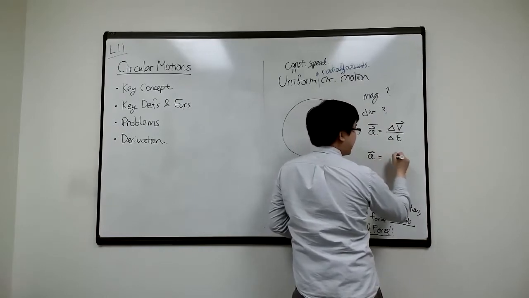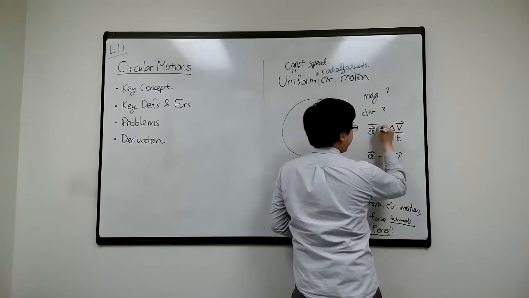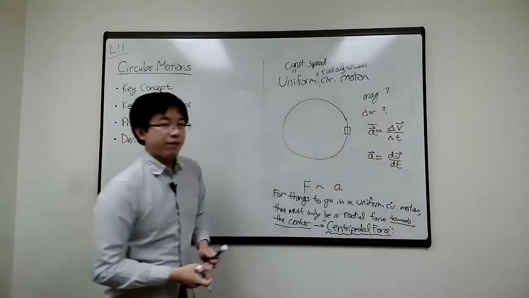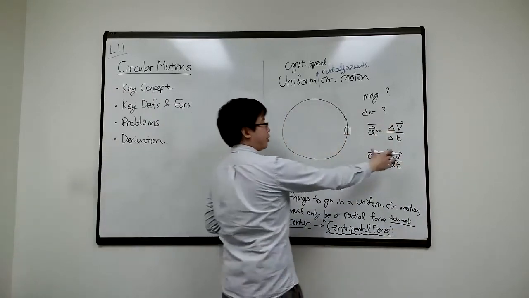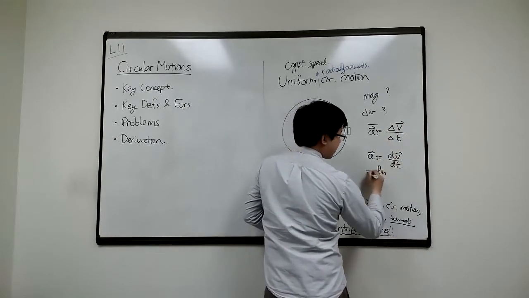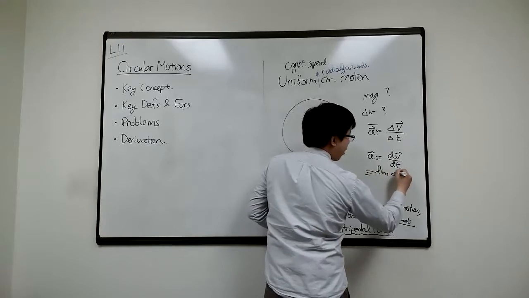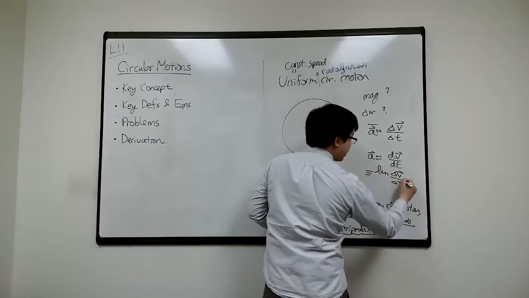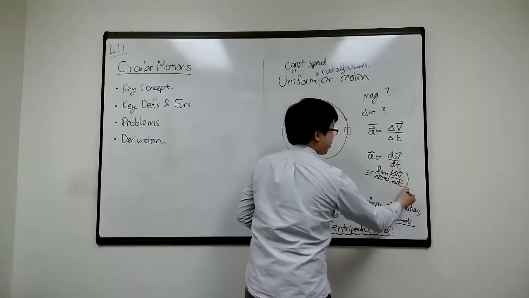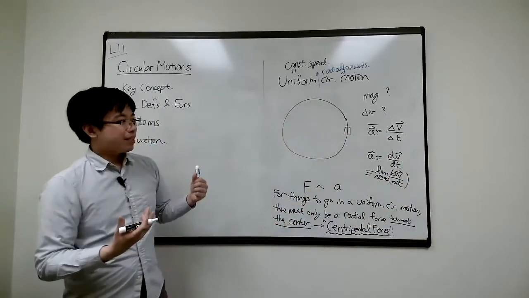The instantaneous acceleration should be defined as the rate of change of the velocity. This is just the limit of the change in velocity over time, where you take a short enough amount of time. It's really just the change in velocity.